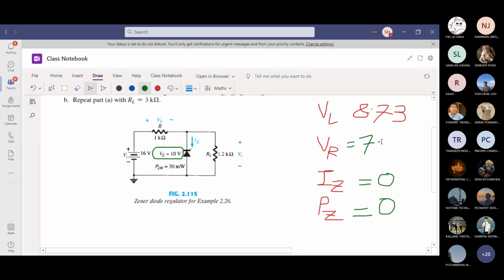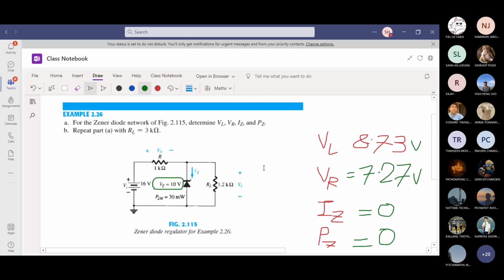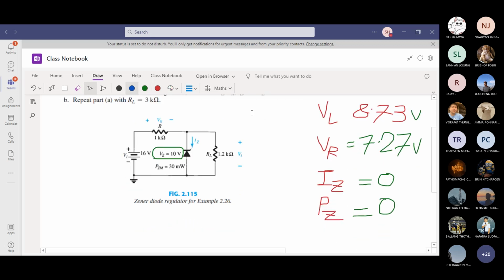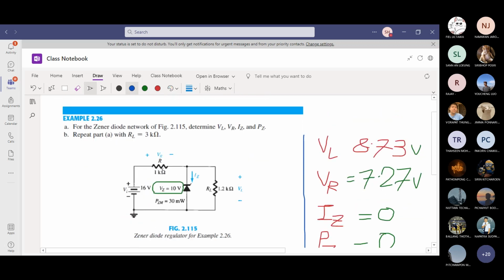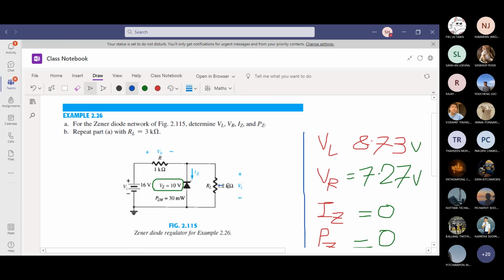VI minus VL is the correct solution, 7.27. So now we will repeat this whole thing. I just create a partition here. Repeat the whole thing now. RL is 3 kilo ohm. I write it down, 3k ohm.